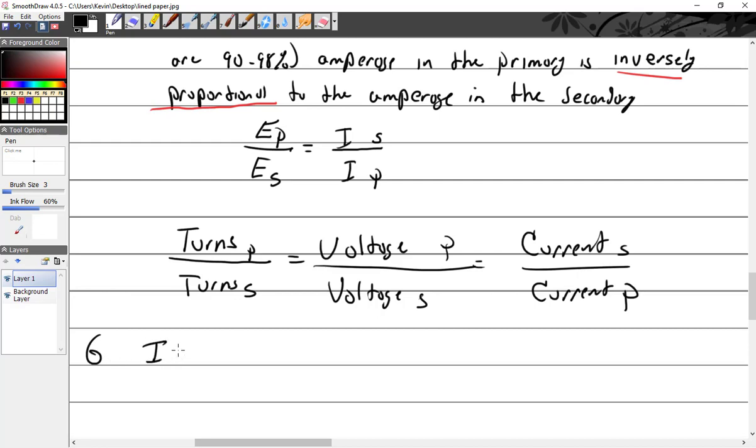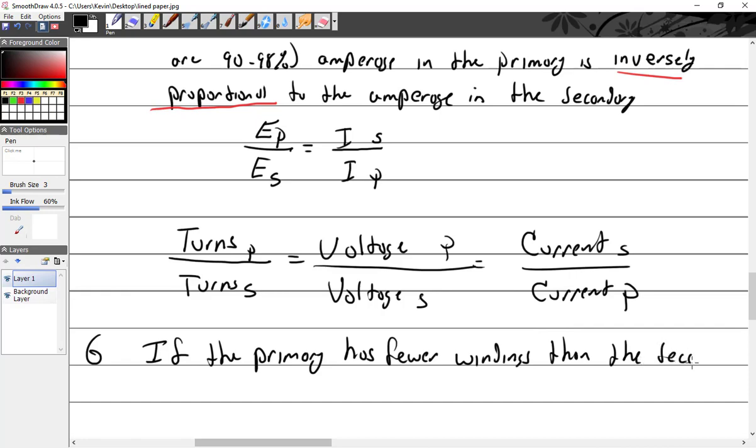If the primary has fewer windings than the secondary, it is a step-up transformer.